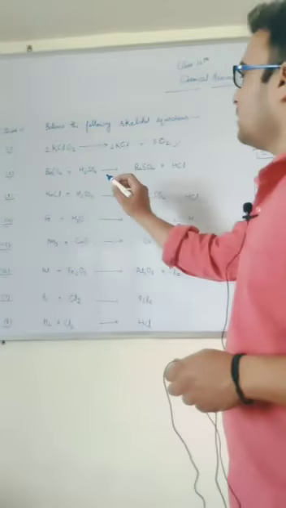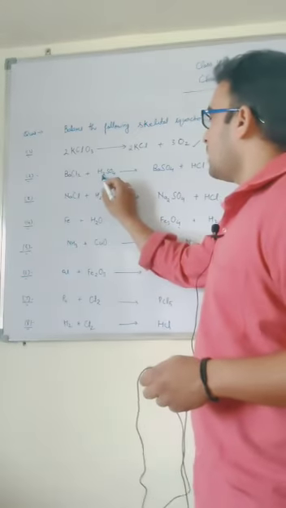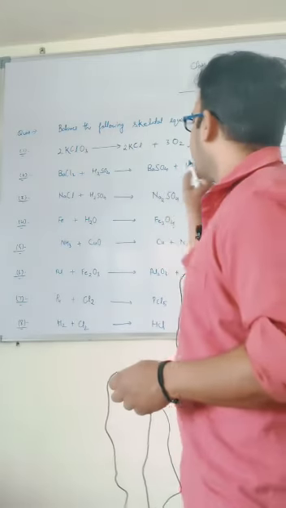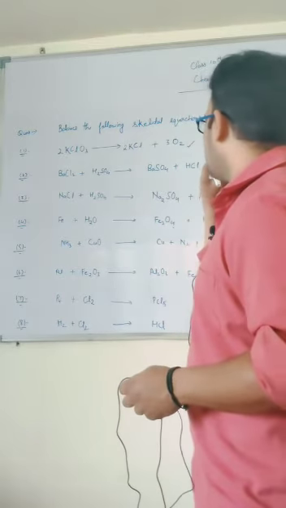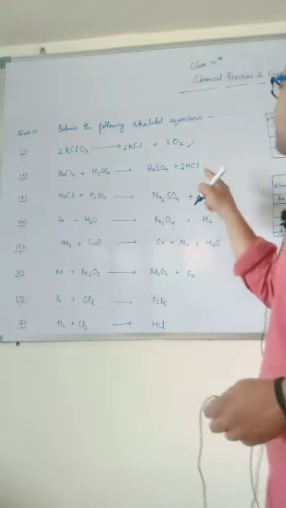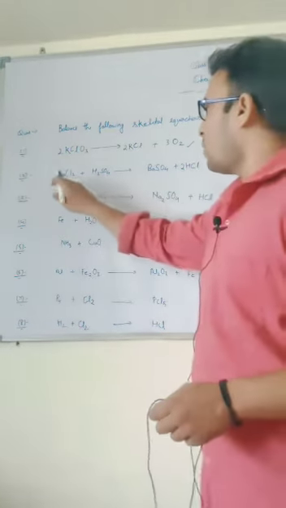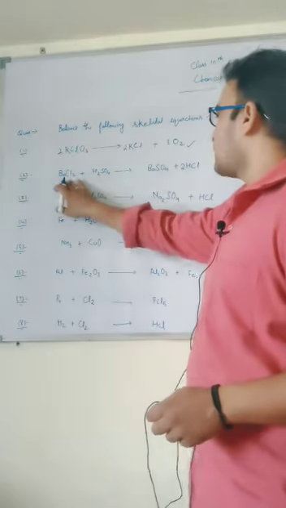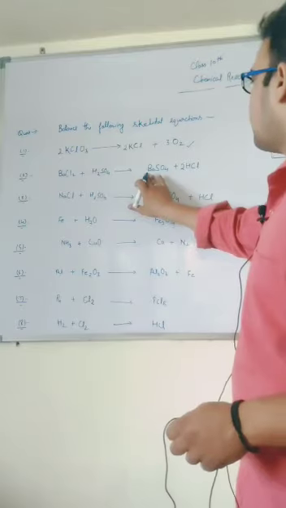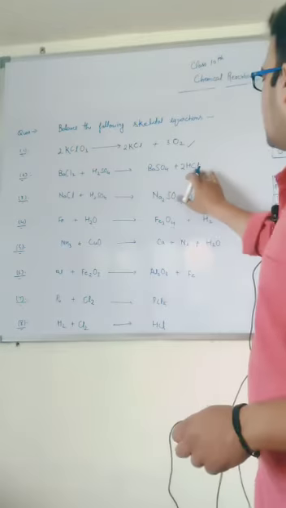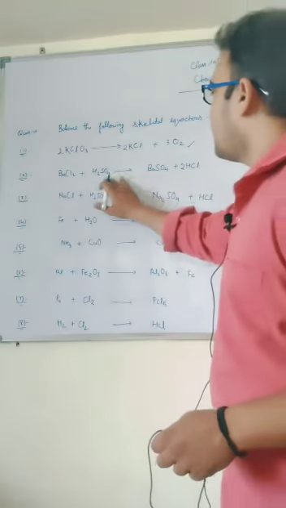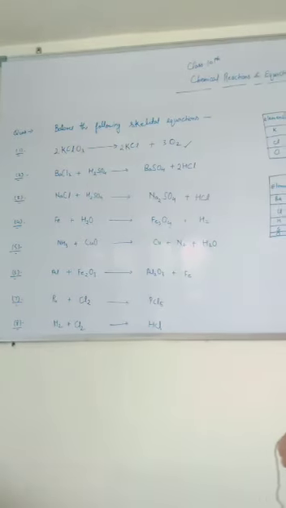So here hydrogen has 2 atoms and chlorine also 2, but on the product side hydrogen and chlorine have only 1 atom. So we multiply it by 2. Now barium has an equal number of atoms, chlorine is equal, hydrogen is equal, and sulfur and oxygen also have an equal number of atoms.